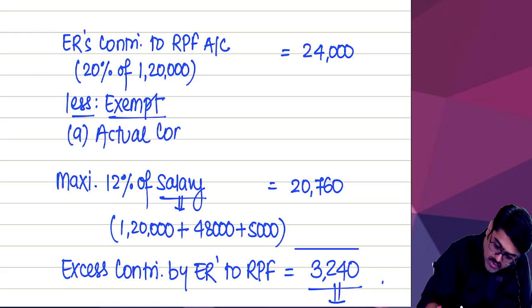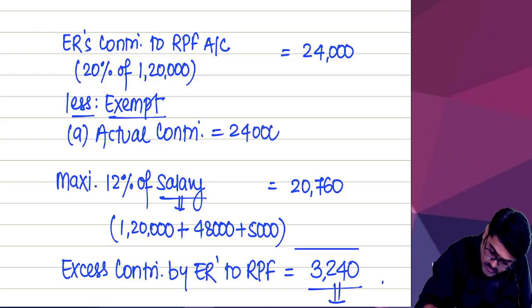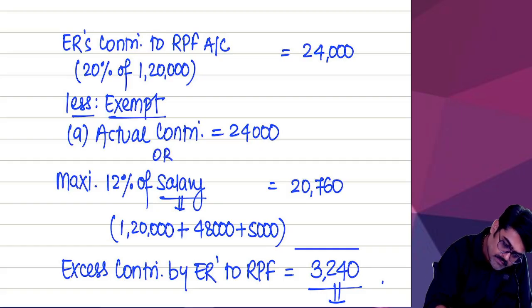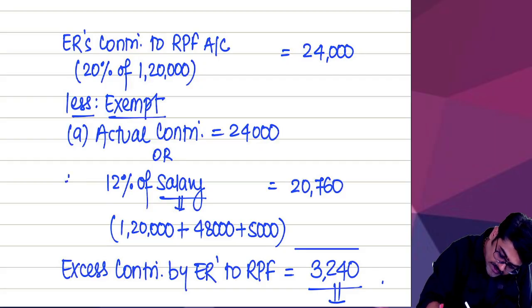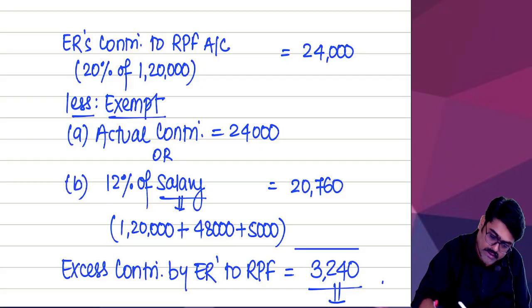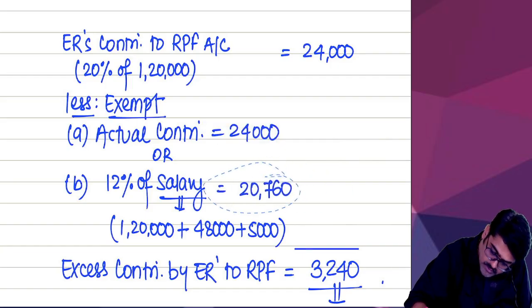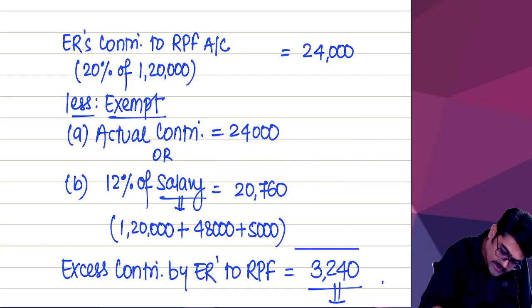Actual contribution is how much? 24,000. Either this amount will be exempt or maximum 12% of your salary, which is how much? 20,760. Whichever is lower.